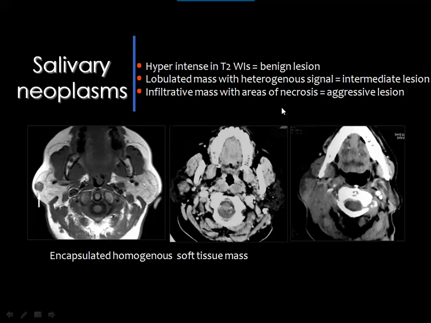Also, in T2 weighted images, if you can see the lesion hyperintense, then it contains more water, so it is more to the benign side. A lobulated mass with heterogeneous signal may be benign or malignant. An infiltrative mass with areas of necrosis is suggestive of a malignant lesion.